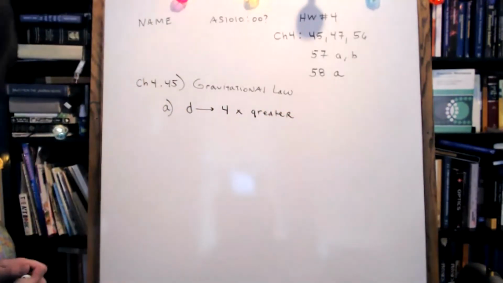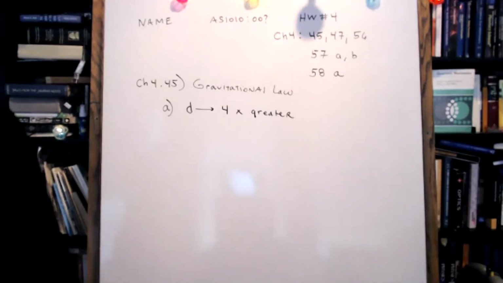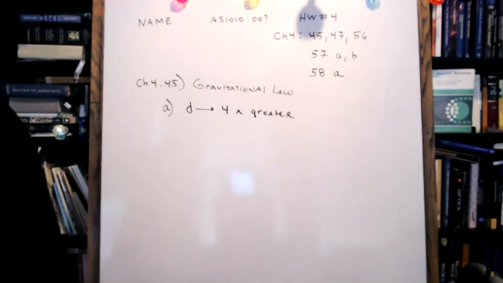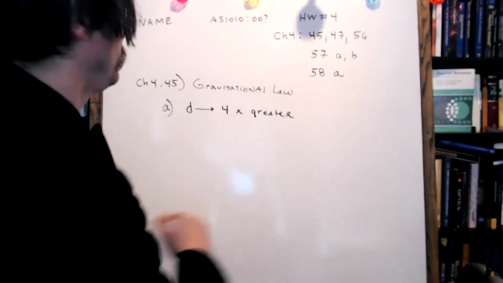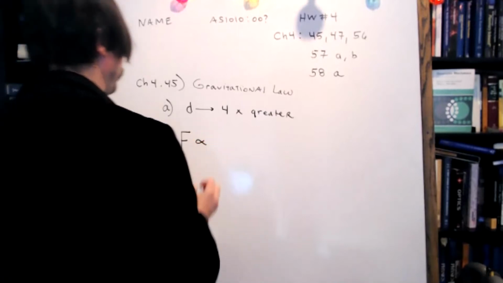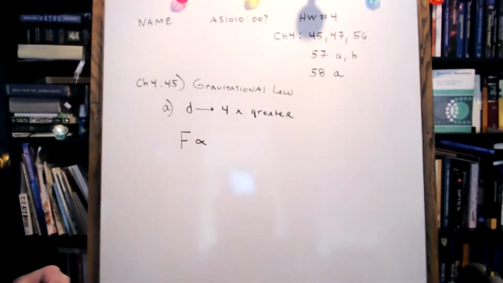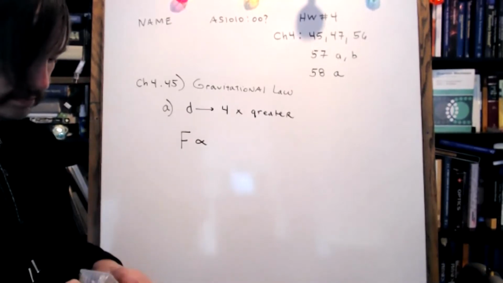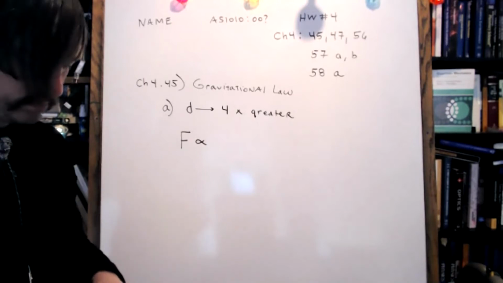Okay, Ian, why don't you help us? How do we set up our proportionality argument here? The force of gravity is proportional to... let me pull up my notes. Right, force of gravity.